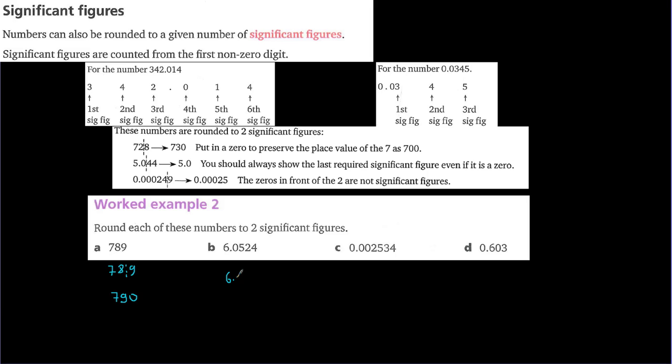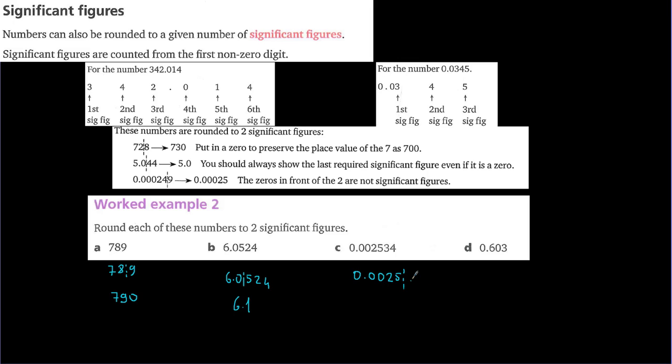Okay, the next one is 6.0524, 6.0. After this, we are going to write 24. Okay, this number is 5, so you can round up 1, and it becomes 6.1. Okay, the last one, two significant figures. This is not the last one, this is the third one, and 0, 2, 5.